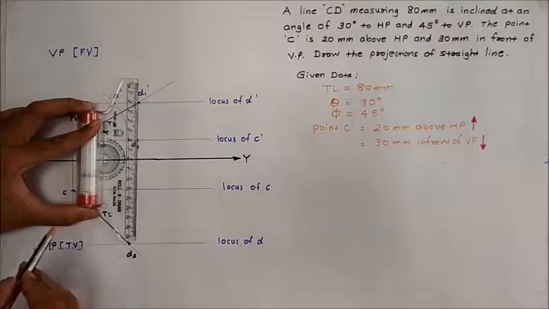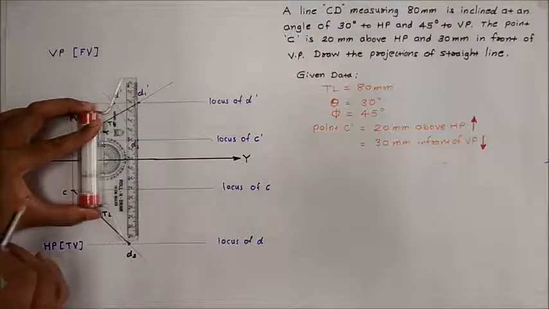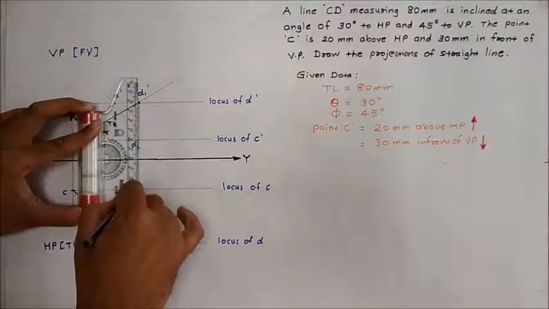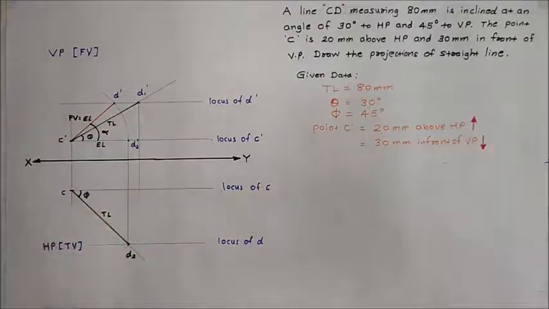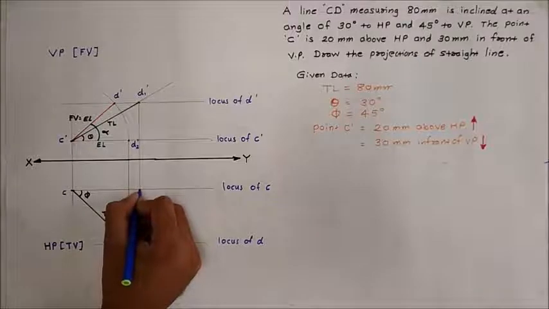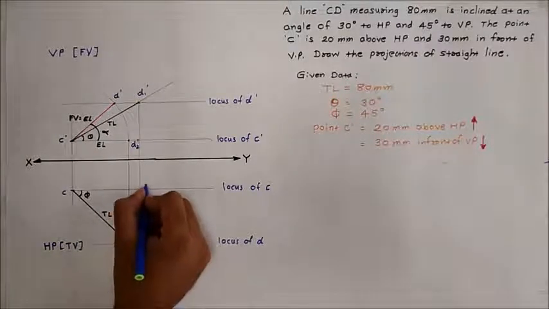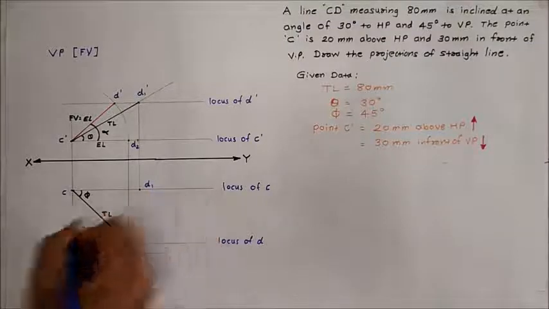We have to draw this projection line till it meets the locus of point C. At the intersection of the projection line and locus of point C, you will get a point. That point is point D1.